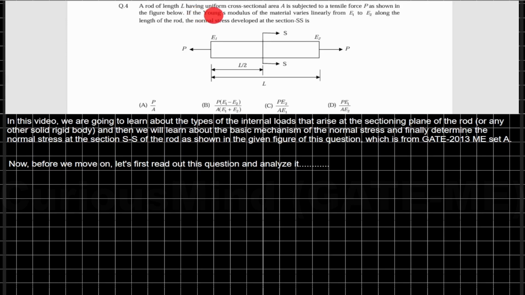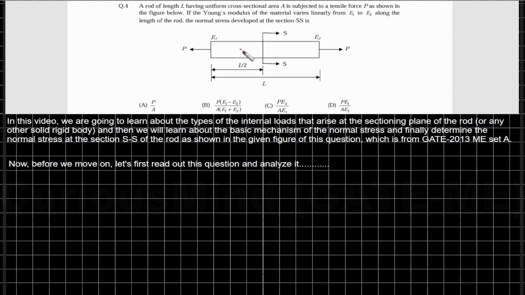If the Young's modulus of the material varies linearly from E1 to E2 along the length of the rod, the normal stress developed at the section SS is.